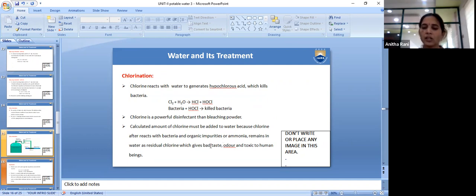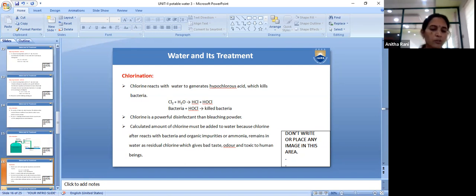After reacting with the impurities, ammonia, and bacteria, if any chlorine is remaining in water, that is known as residual chlorine, which gives bad taste, bad odor, and is toxic to human beings.